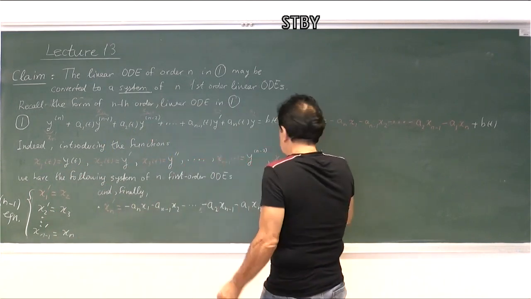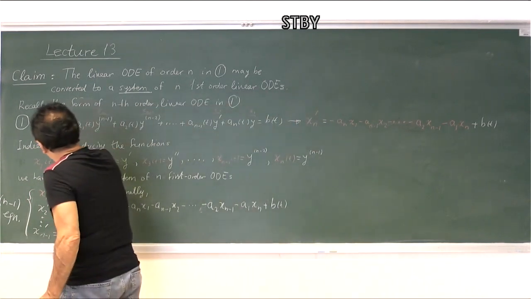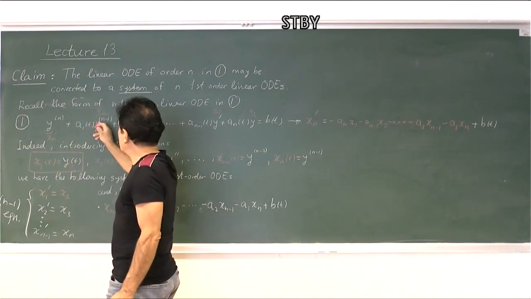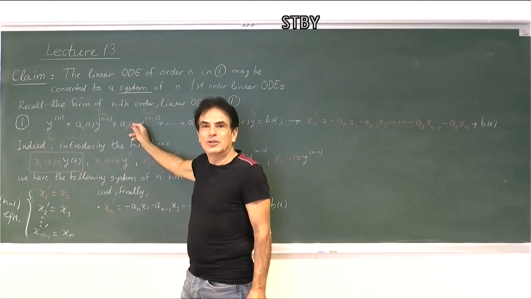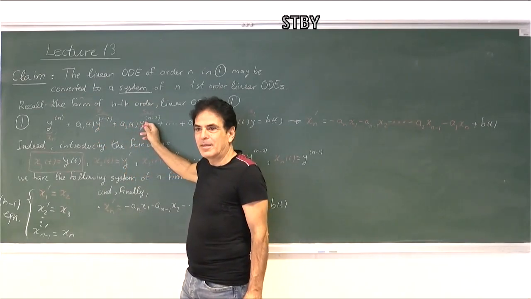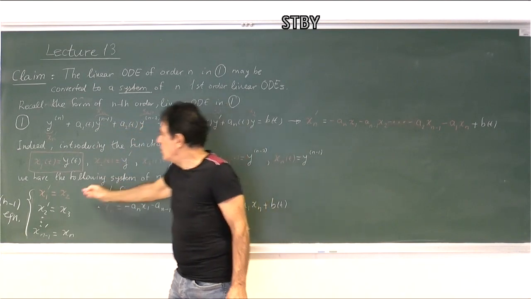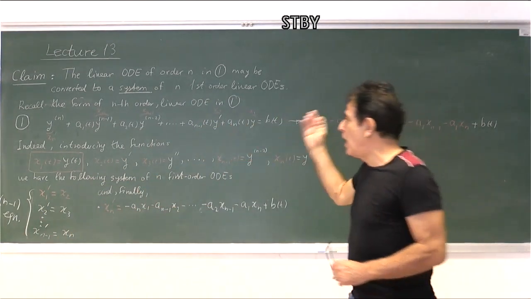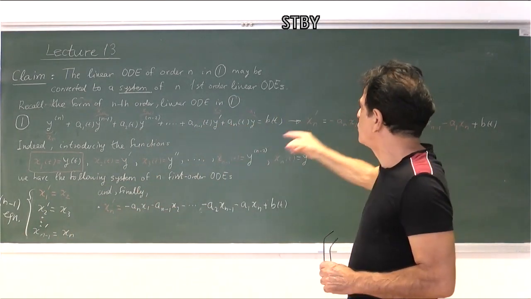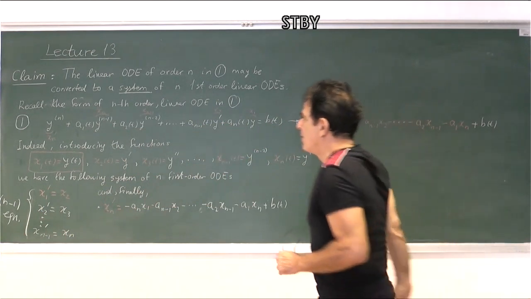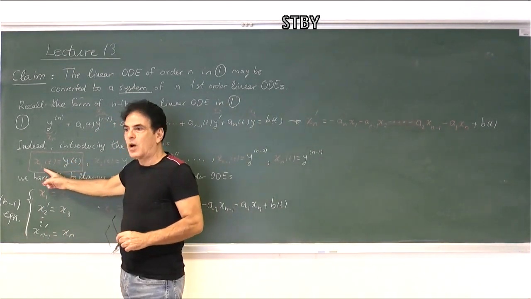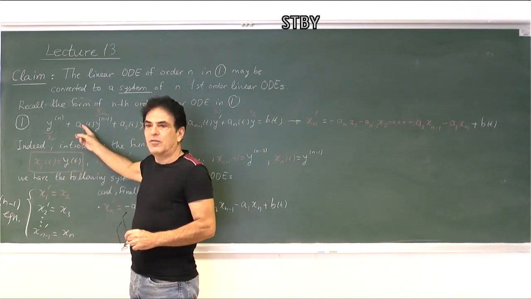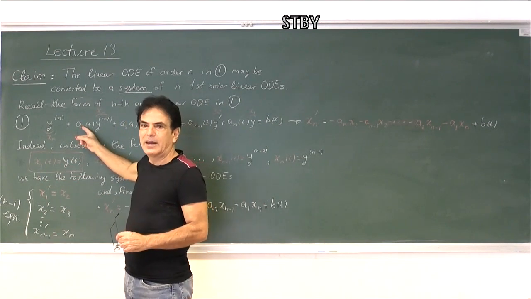But x1 is nothing but the required solution of the nth order linear ODE. Good? So if we solve this system first, finding all unknown functions x1, x2, xn, the first function x1 is y of t, the required solution of our linear ODE of order n.